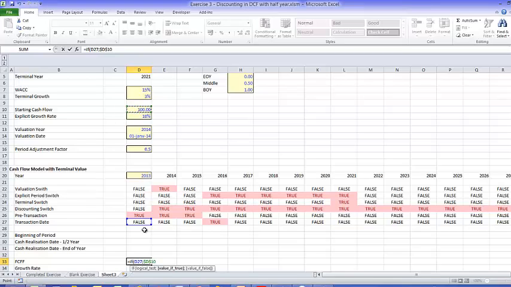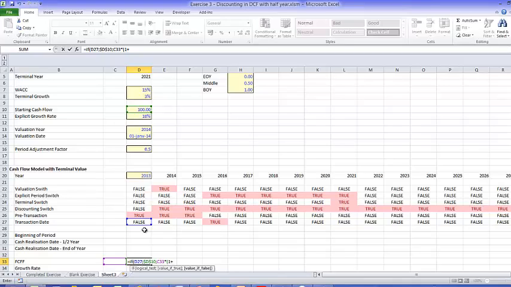Now that doesn't deal with this issue of the growth rate during the year. And otherwise, we take the prior year, that's why I was getting those problems, times 1 plus the growth rate.